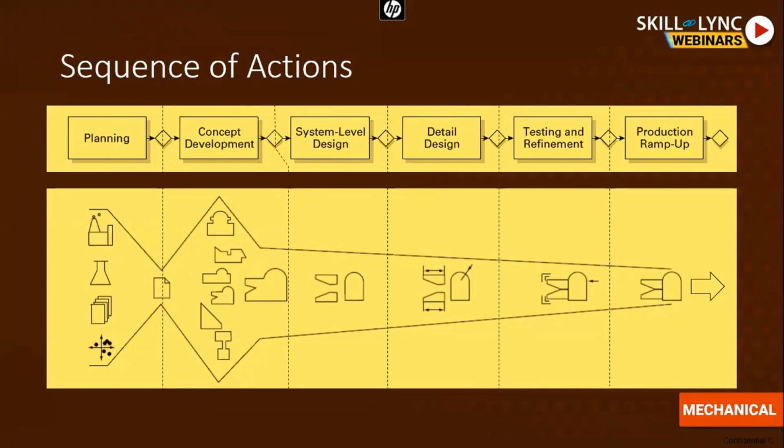It all starts with planning. Planning includes idea generation, the market study, etc., followed by concept development. This concept development will give you a quick idea about how your product will look. For example, you can see many real estate companies selling their flats.